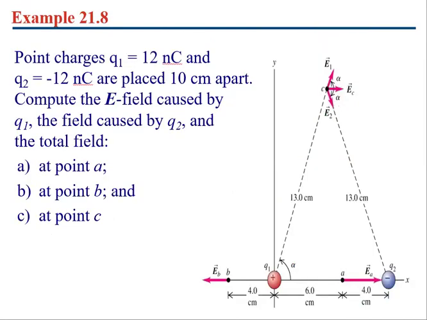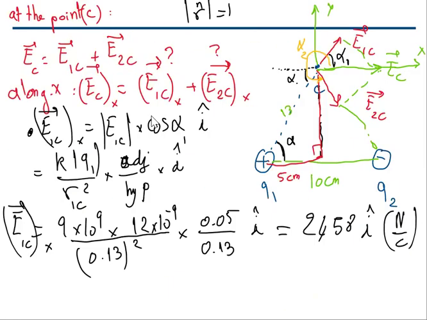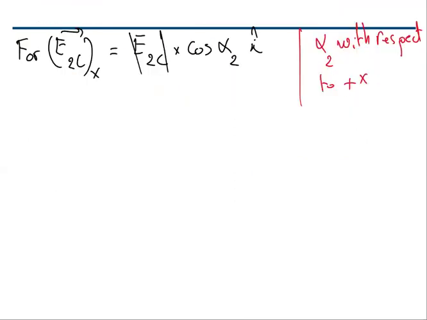So alpha 1 also here. What is the relationship between alpha 1 and alpha 2? The relationship is the following: alpha 2 is 360 minus alpha 1.